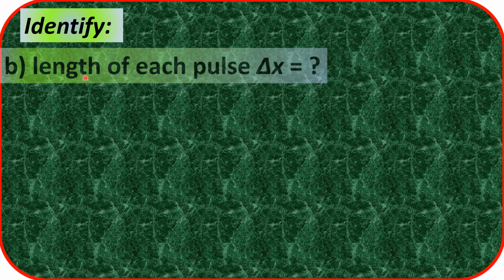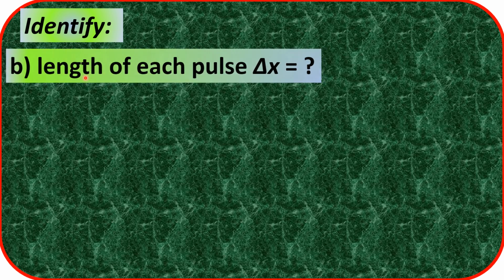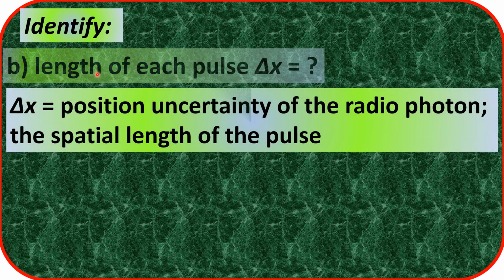The second target variable is the length of each pulse, denoted by delta x. So delta x is defined as the position uncertainty of the radio photon, or it is the spatial length of the pulse, since a given photon could be found anywhere within the pulse.